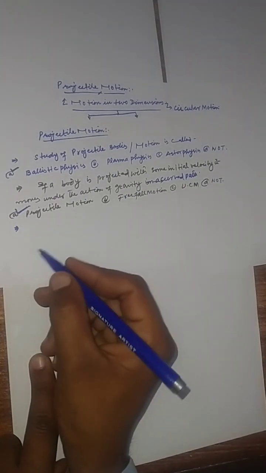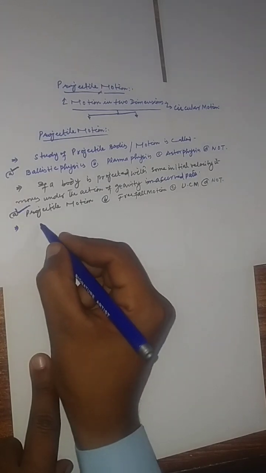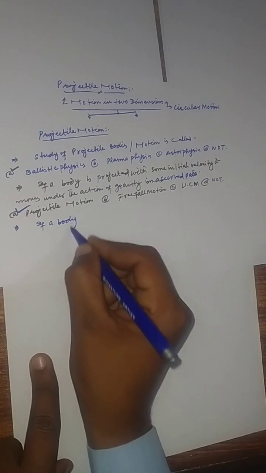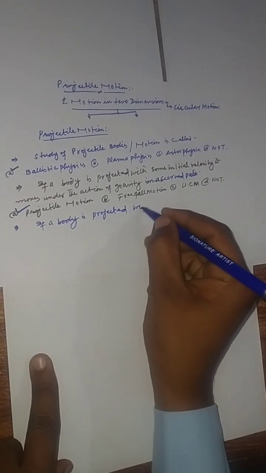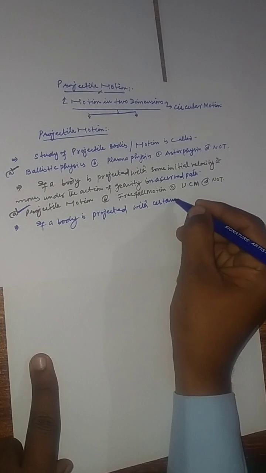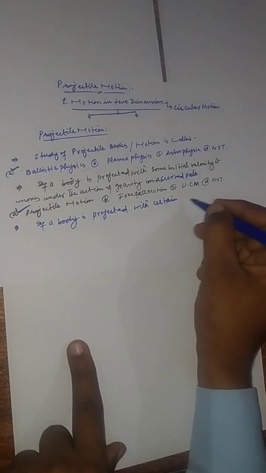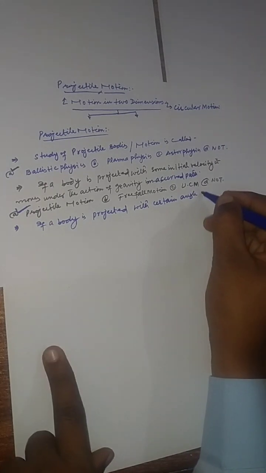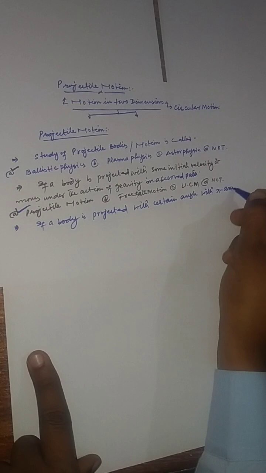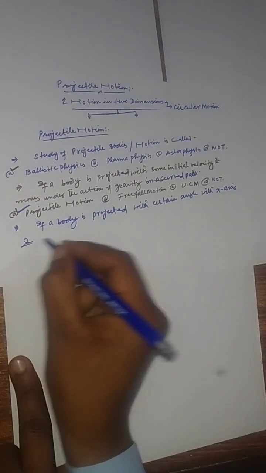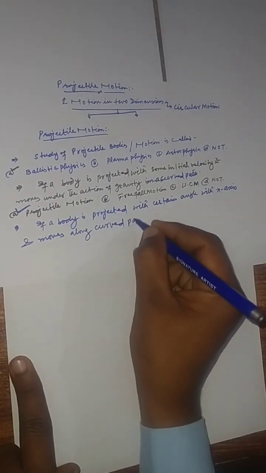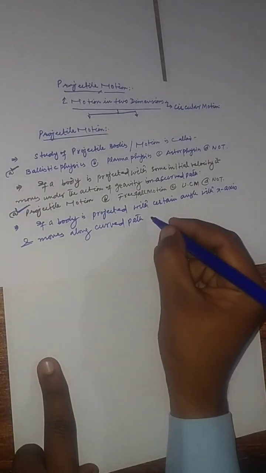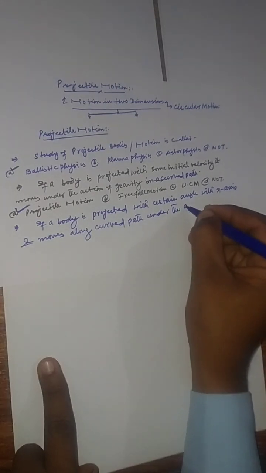So for oblique projectile motion, let's write: if a body is projected with a certain angle with the x-axis and moves along a curved path under the action of gravity.